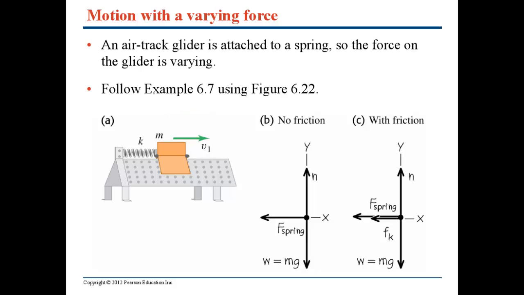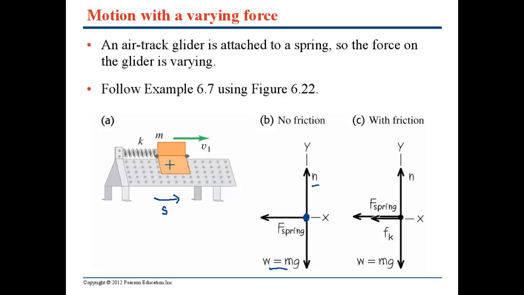Now, if I draw the free body diagram for the cart, as the book has done for us down here, we're always going to have our weight in the downwards direction. We're always going to have our normal force in the upwards direction. The force of the spring is going to be in the backwards direction, and I know that my displacement is going to be in the positive x direction.